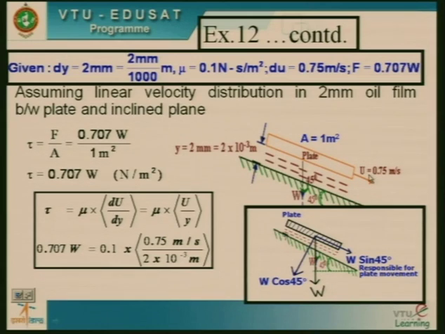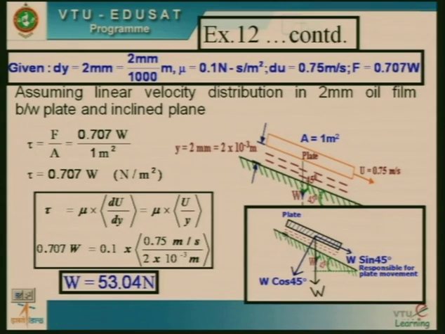Hence, diagram is very important. Then the gap, the y gap is 2 mm. You can see here 2 mm. We converted to SI units by dividing by 1000. So, 2 into 10 to the power minus 3, and if you calculate that, the weight of the plate is 53.04 newtons.